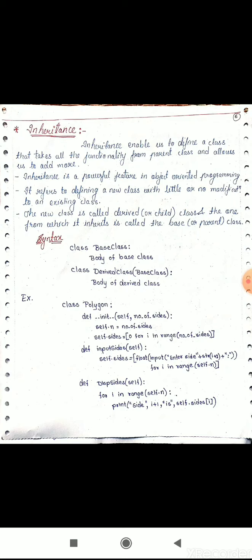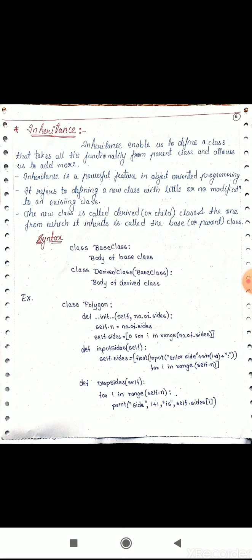Let's see one by one. So inheritance enables us to define a class that takes all the functionalities from the parent class and allows us to add more. Inheritance is a powerful feature in object-oriented programming. It refers to defining a new class with little or no modification to an existing class.